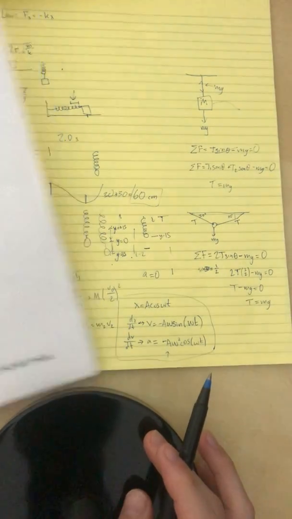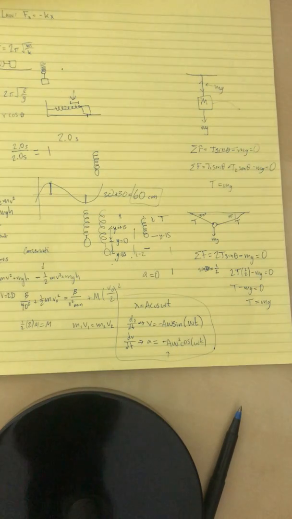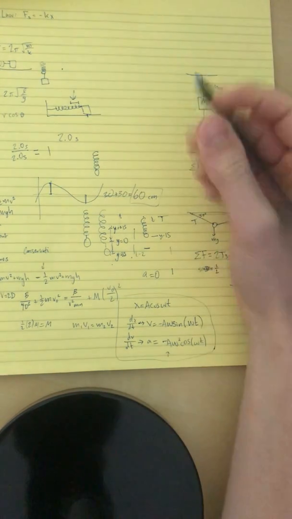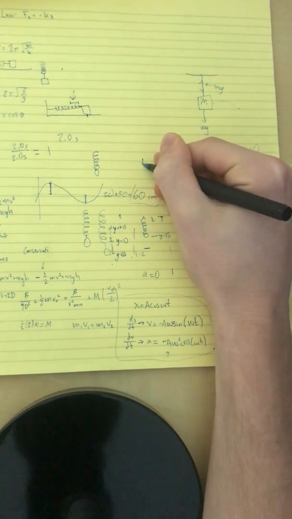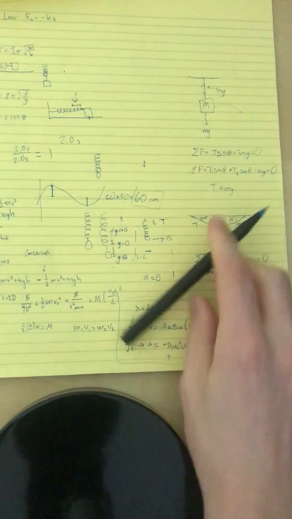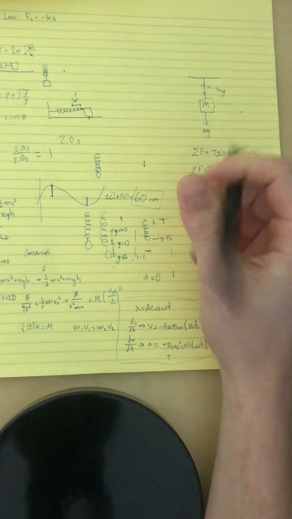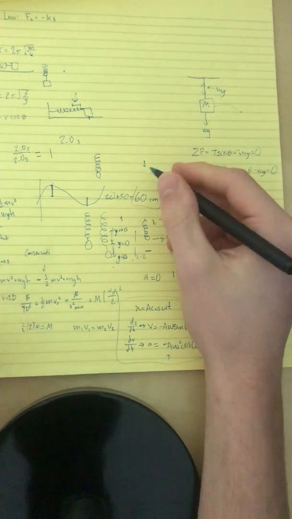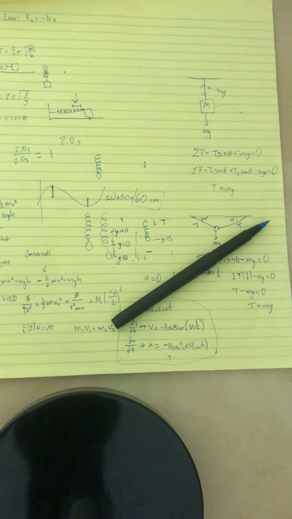So the answer is C here, because it has its minimum value, since it's just starting to go down, and it's not its maximum value. So the answer is C.